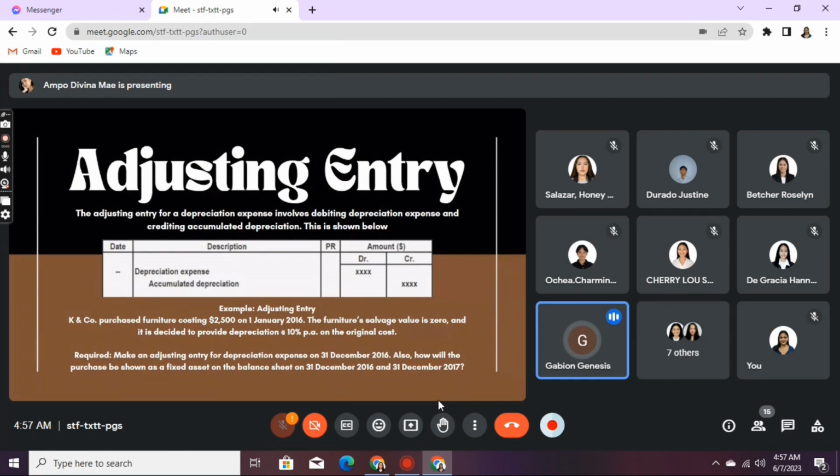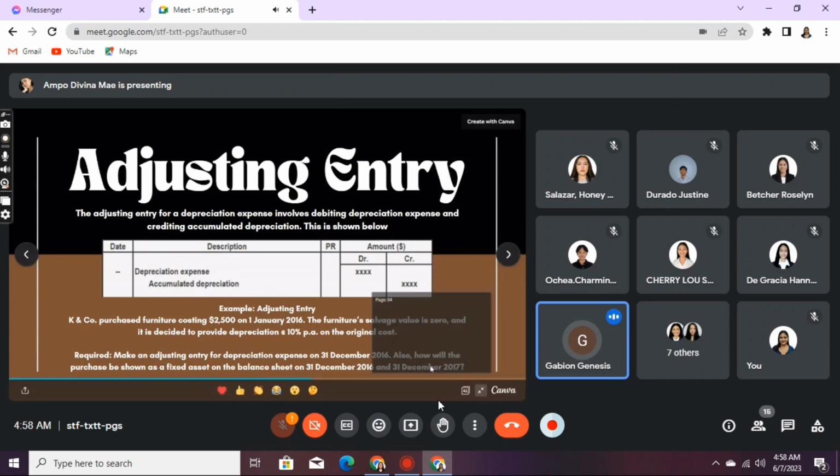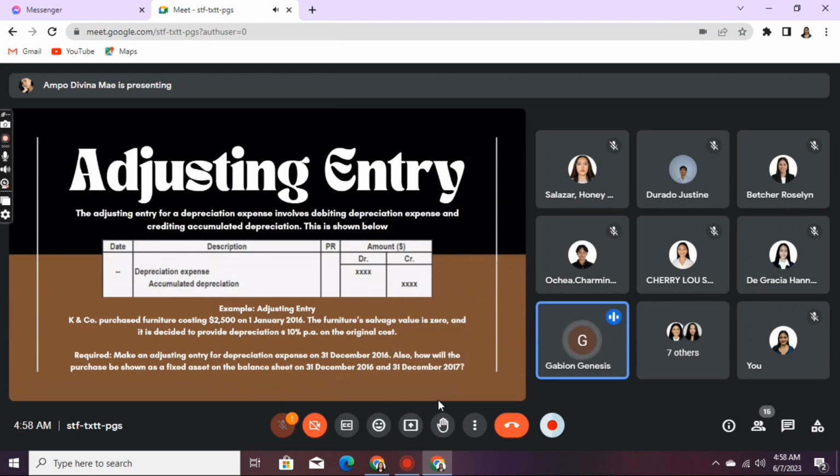Adjusting entry. The adjusting entry for depreciation expense involves debiting depreciation expense and crediting accumulated depreciation. As you can see in the PPT, this is the format for the solution: the date, description, and the debit and the credit.